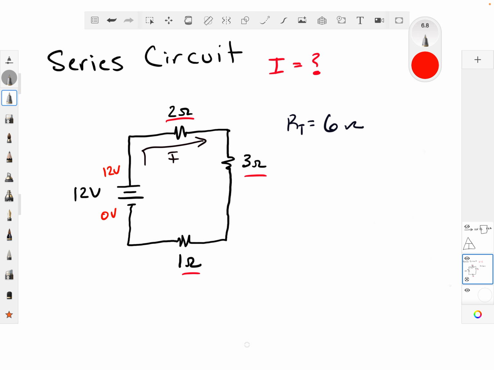We have 0 volts here. That means from this part of the battery, the top terminal, all the way to the very tip of that resistor, that is 12 volts here, right? And from here all the way to this part of the resistor is 0 volts.